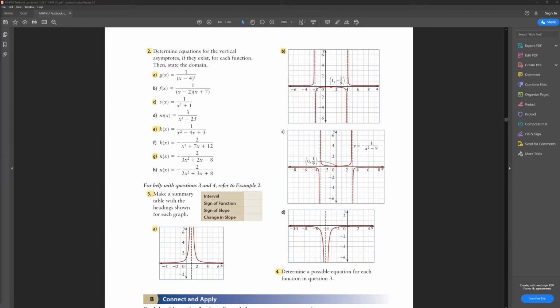Now, we have G, which is n of x equals negative 2 over 3x squared plus 2x minus 8. So what we have to do here is factor this equation. So we have to find two values that multiply to negative 24 and add up to 2.